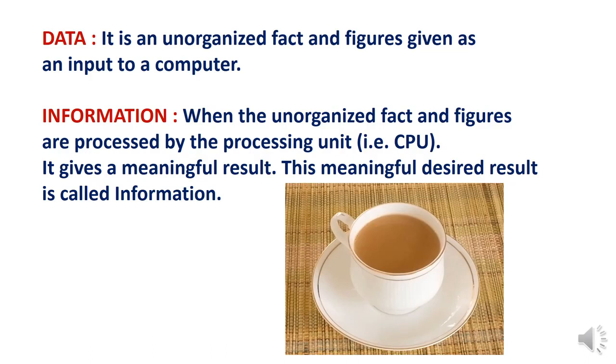After providing all this data, it is processed by the computer system of the booking counter where you have gone to book the ticket, or if you are doing it online, when you provide all this data to the computer system, it processes the data, and after processing a result comes out in the form of a ticket.